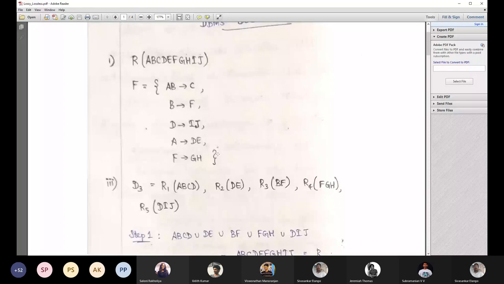In canonical cover we'll study whether some minimal functional dependency is enough. Some FD is redundant, we can remove it using canonical cover. We have already studied the different types of anomalies. So maybe in a week or something we'll try to complete this unit.